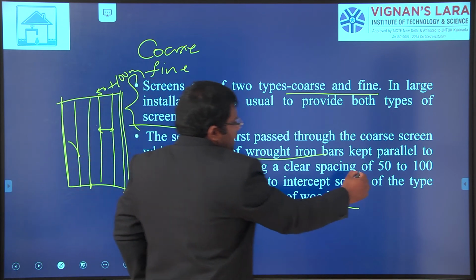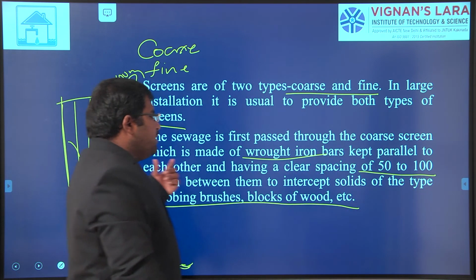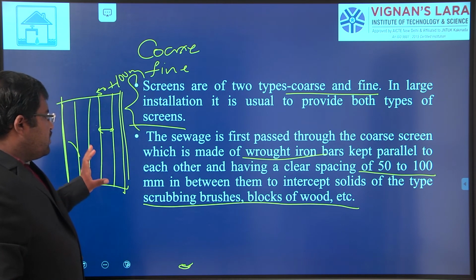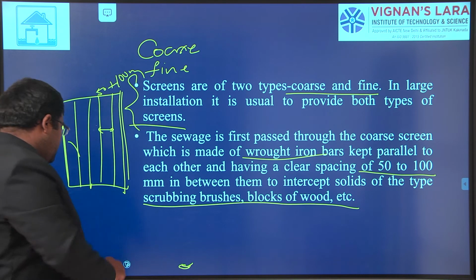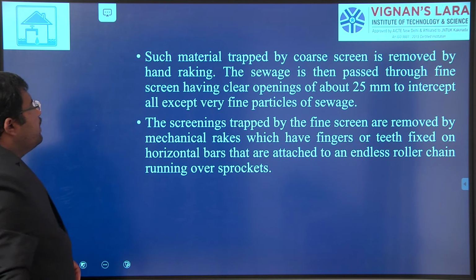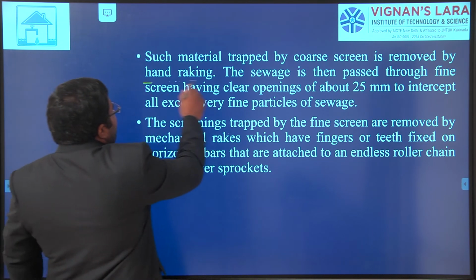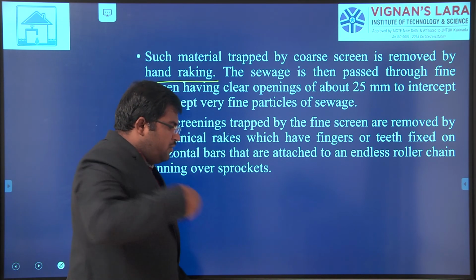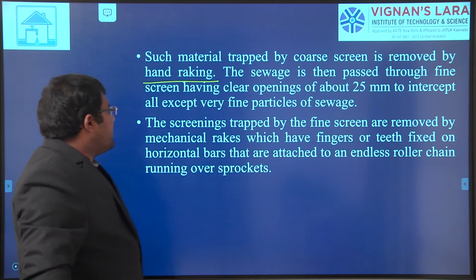Here I gave the size of space between two bars. It is 50 to 100 mm between them, right? Next, such material trapped by the coarse screen is removed by hand raking. Simply we will have some stick, and we will remove it with the help of a hand, that is called hand raking.